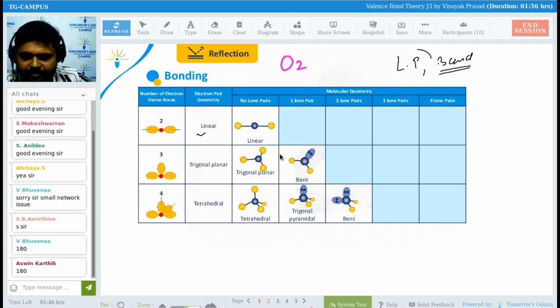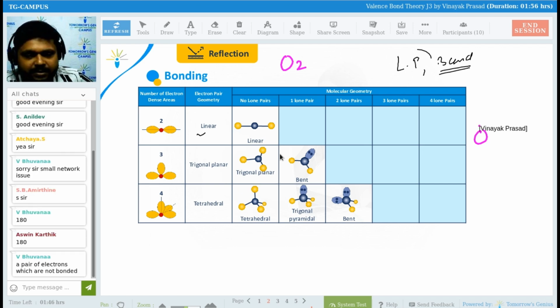Yes or no? See here, what happens? See, this oxygen is having a pair of electrons which are not bonded. Very good. So see, the outermost electrons are how many? 6, right? The total number of electrons in the outermost valence shell will be 6.